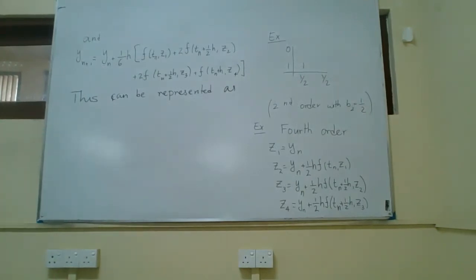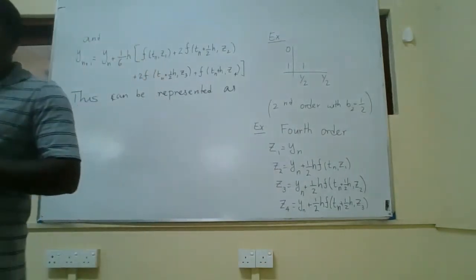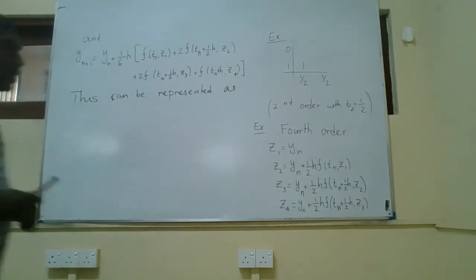So your c1 is 0, that's always 0, and c2 is half, c3 is half, right?